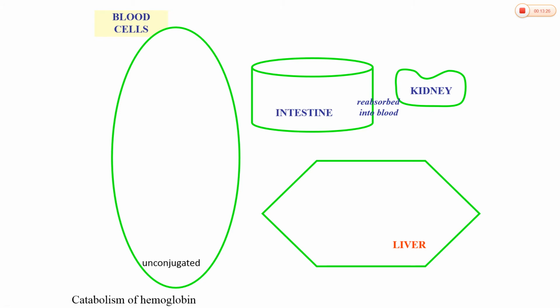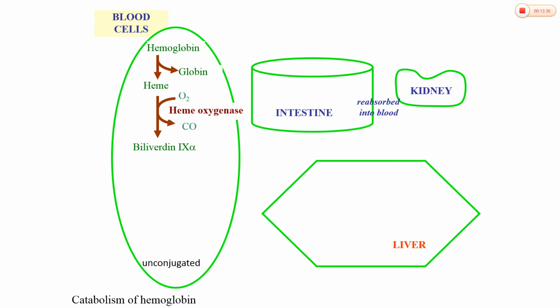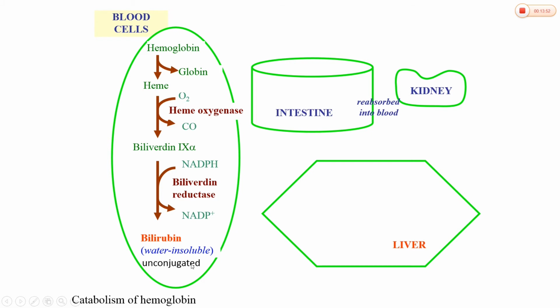This is again a picture depicting how hemoglobin in the red blood cells is broken down into heme and globin. In the presence of heme oxygenase, heme gets converted to biliverdin IX alpha, and this biliverdin in the presence of biliverdin reductase and NADPH gets converted to bilirubin, which is water insoluble.